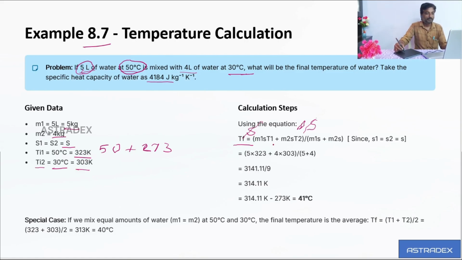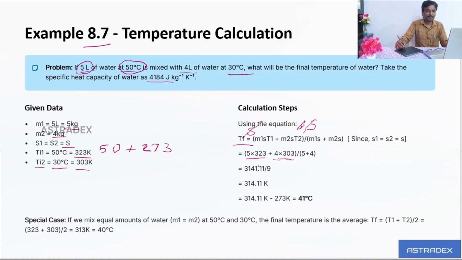For M1 5, for T1 323 Kelvin, plus M2 is 4 kg, into T2 which is 303 Kelvin, whole divided by M1 5 kg plus M2 4 kg. If you multiply these terms and add, we get 3141.11 whole divided by 4 plus 5, 9.